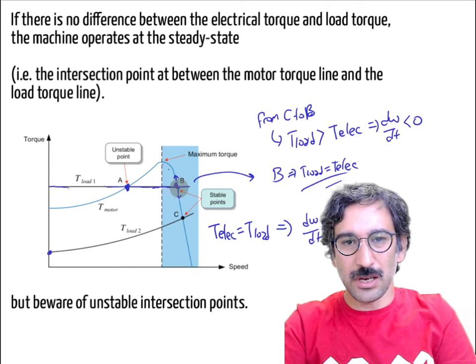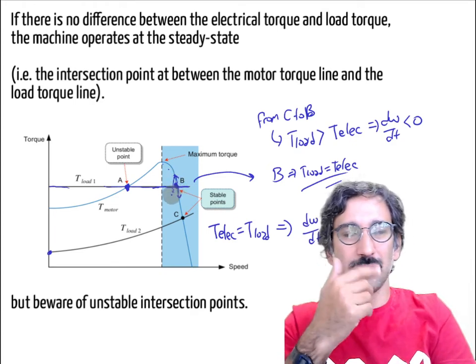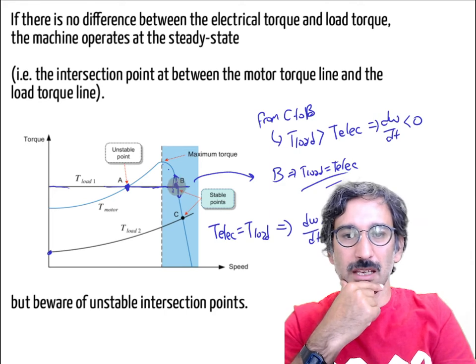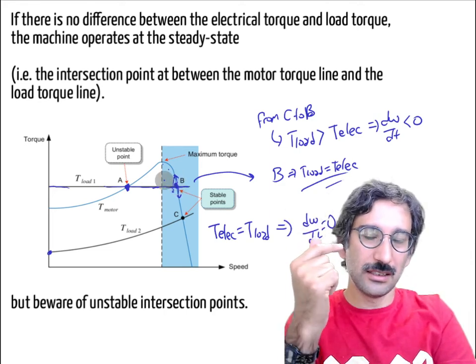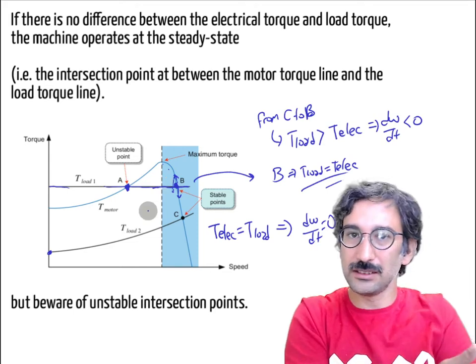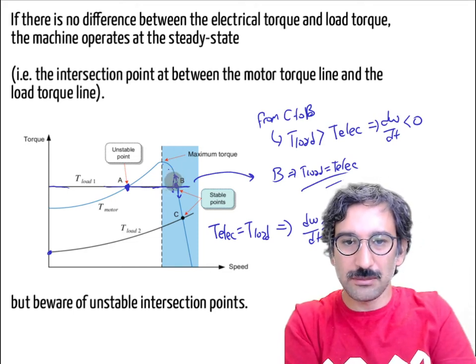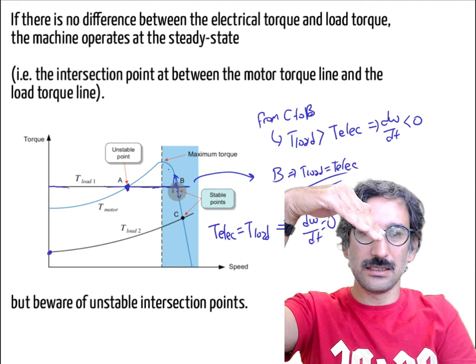There will always be some slight changes. If your load generates slightly larger torque, or let's say your speed suddenly reduces, if that is, I don't know, 1000 rpm, and your speed suddenly drops to 999.999, that means your torque is still increasing.